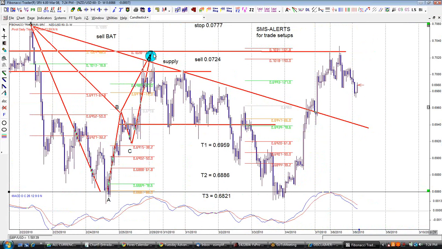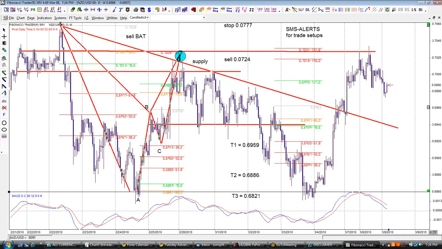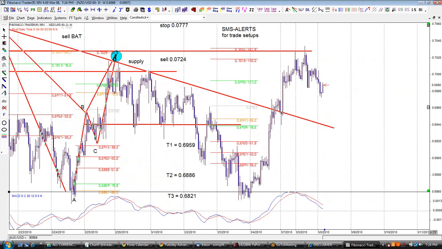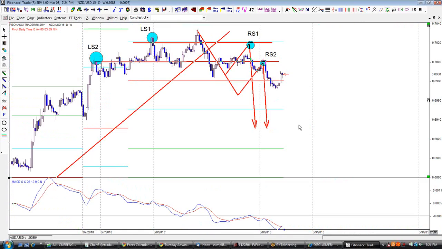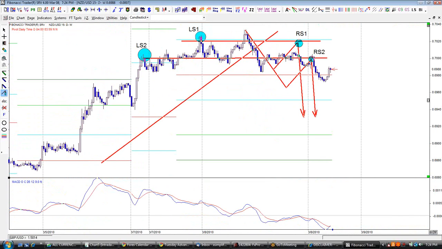On the smaller time frames, this is the 1 hour chart. We just tested a resistance level. On the intraday scale, we can see some bearish MACD divergence and some bearish move here.